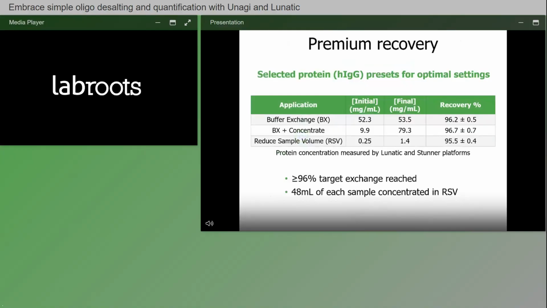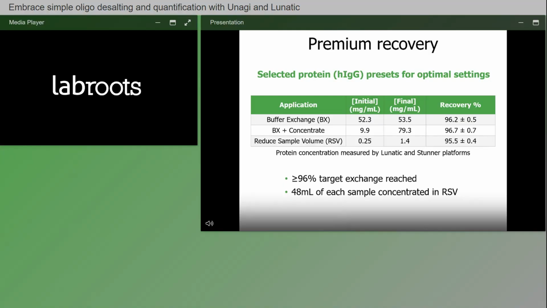If we're working with, for example, proteins, then our buffer exchange steps are optimized here for buffer exchange with concentrate, or reduce sample volume, where we see we're getting concentrations that in some cases are exactly what we started with, in some cases have been up-concentrated, and a recovery that's really close to 100%, so in this case above 96% for each case.